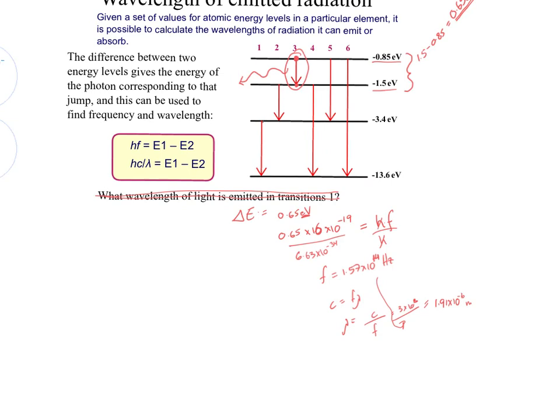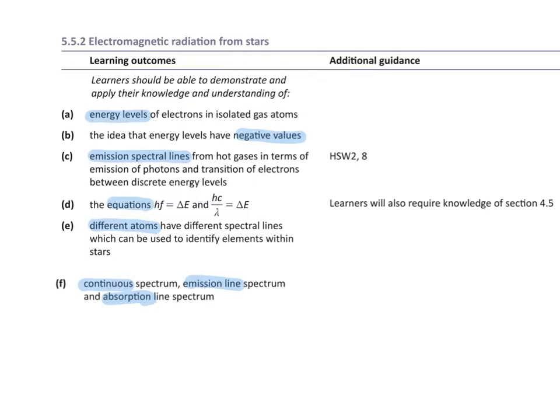So you can figure out how much energy was needed, for example, for an electron to go from a lower energy level to a higher energy level, if you're given the frequencies and wavelengths. So a quick check before we proceed. We have looked at the energy levels of electrons in isolated gas atoms, why they have negative values.